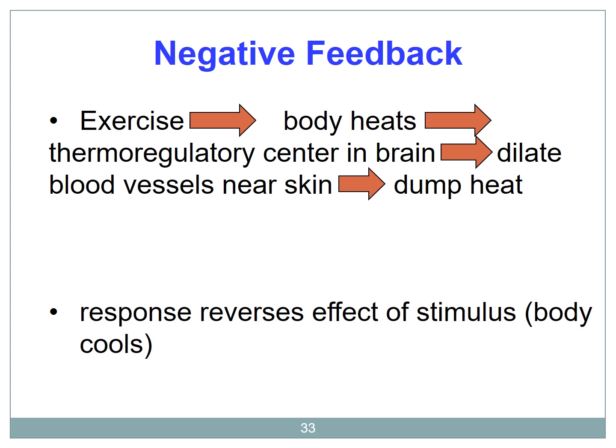One thing is your blood vessels near your skin dilate to help you dump some heat through radiant cooling. You may also start sweating, and both these mechanisms, right, are intended to reverse the effects of the stimulus, reverse the effects of becoming warm, to cool your body down.